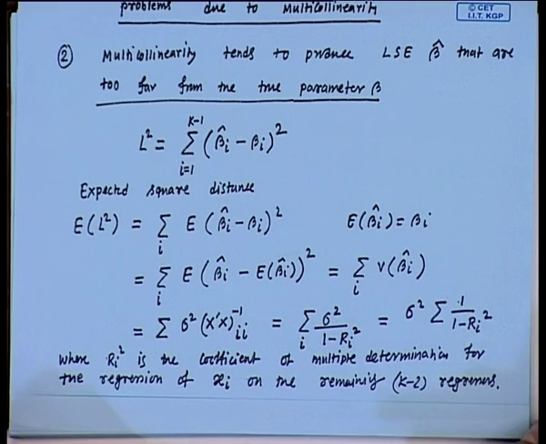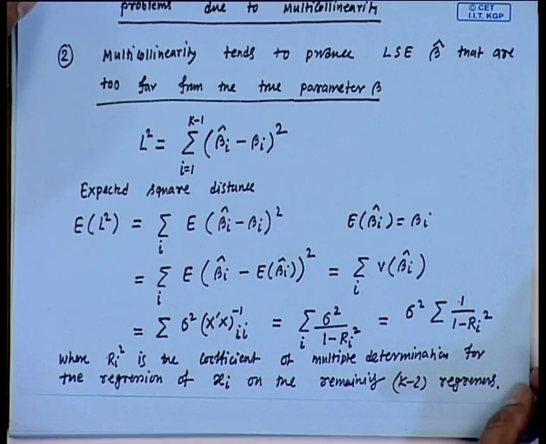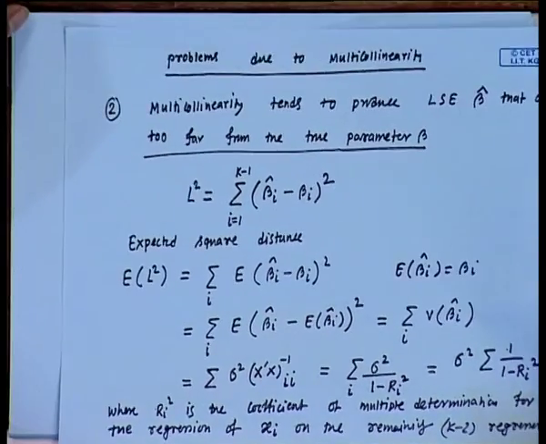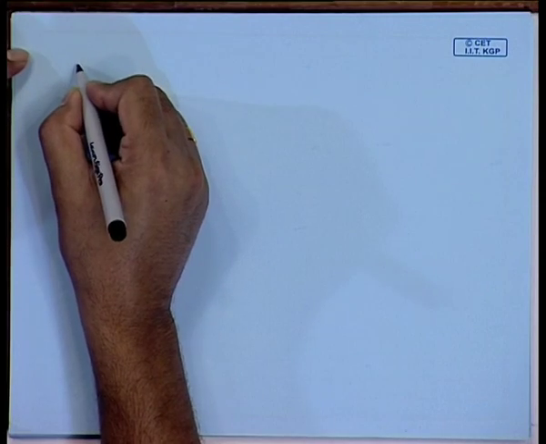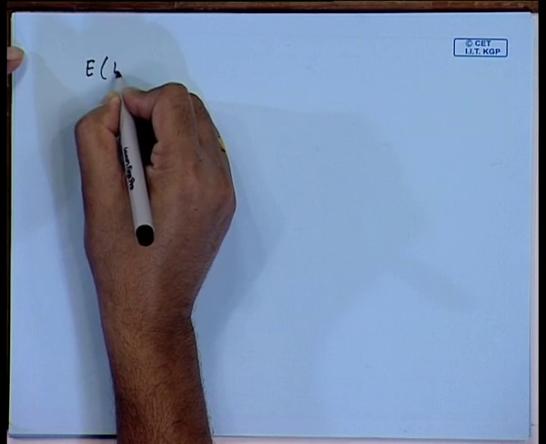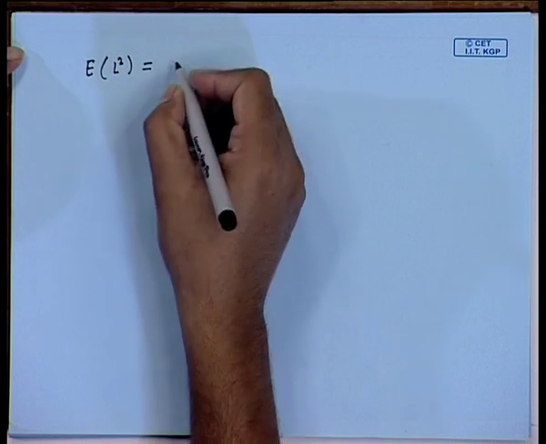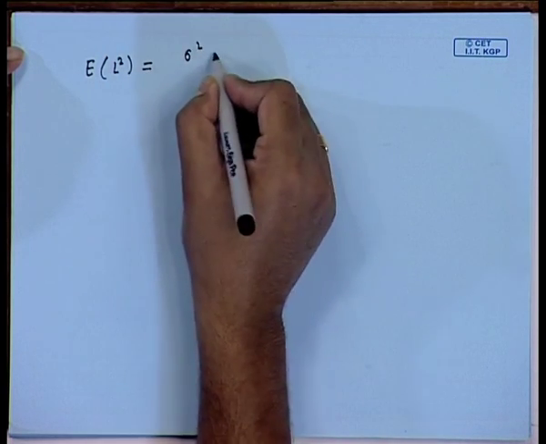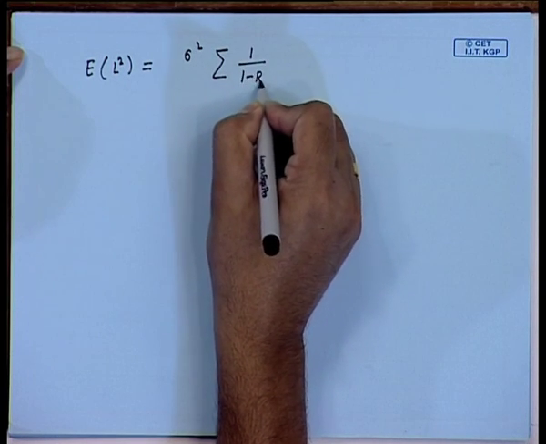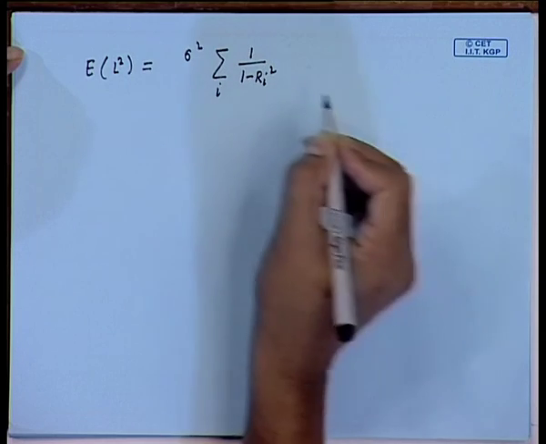So what we proved is that the expected value of this squared distance, E L square, is equal to sigma square times the sum over I of 1 by 1 minus R I square.